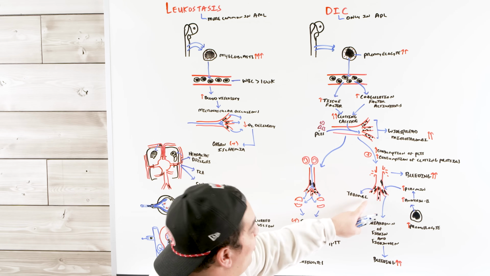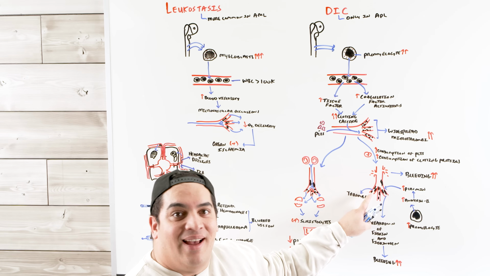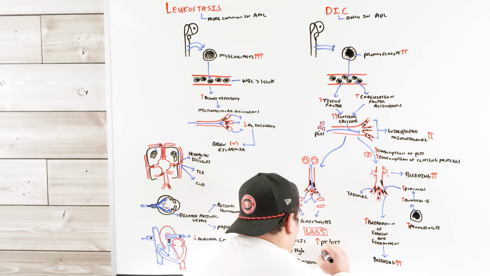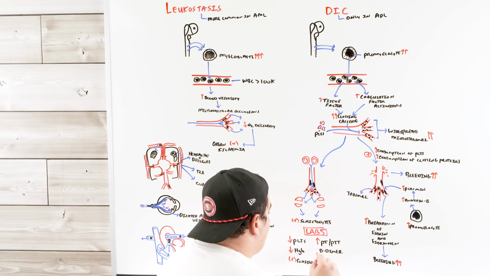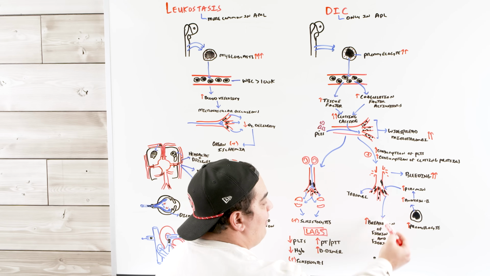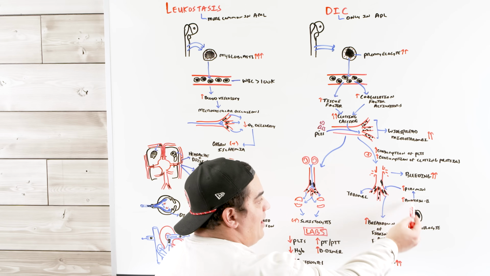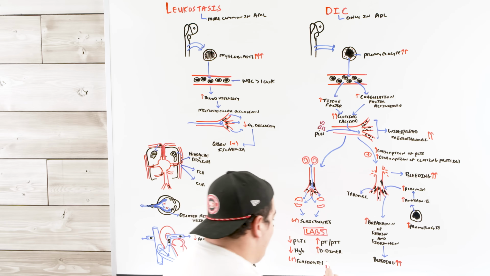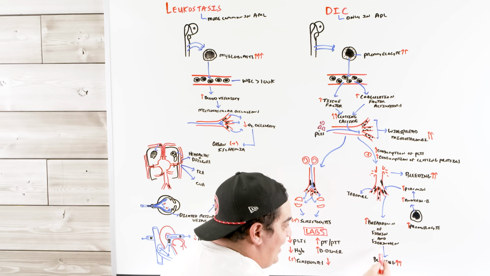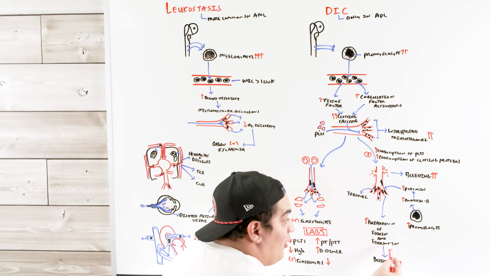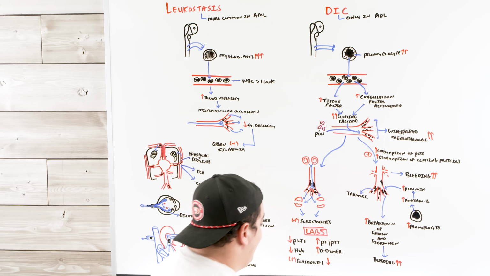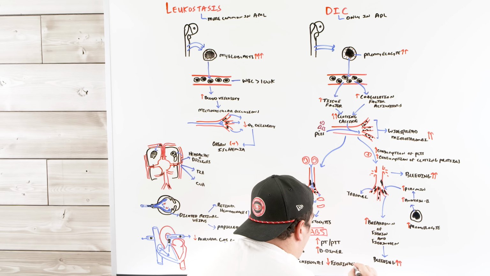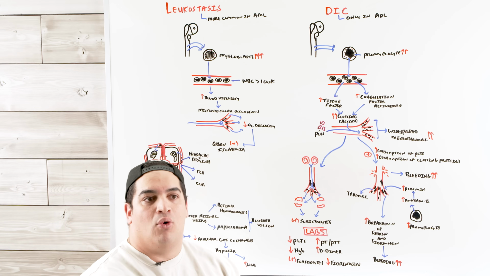Because I'm making clots all over the place, what's one of the things that tells me if I have a heavy clot burden? D-dimer. So D-dimers will be elevated. And because I have consumed so much of my fibrin and fibrinogen, because I'm breaking down the clots, what happens to my fibrinogen level? That goes down. Do you see why I break this down? That precipitates bleeding, but it also lowers your fibrinogen. So then you have a low fibrinogen. These are pretty much characteristic for DIC.